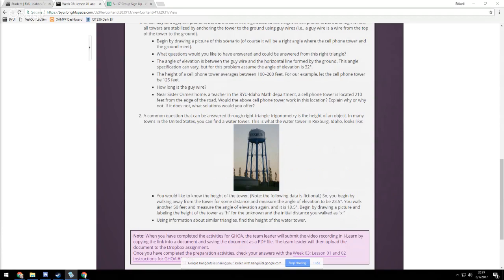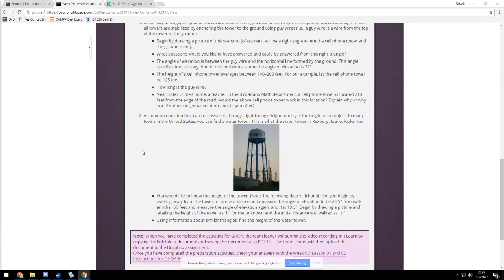And it's less than the 210 feet. So it would have enough room to run the guy wire and not run into the road. So yeah, you could do that.